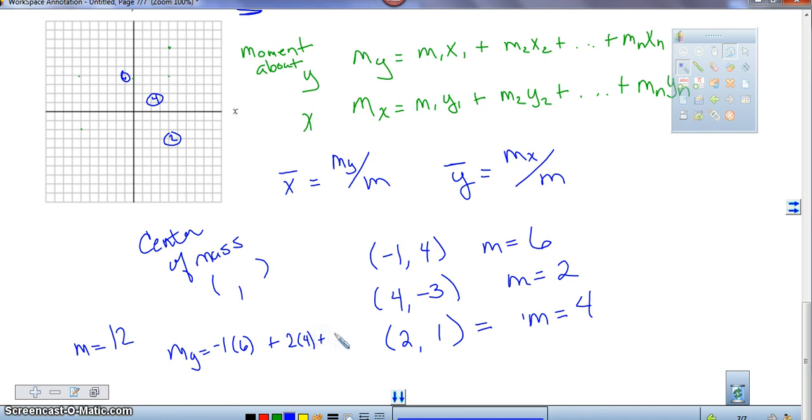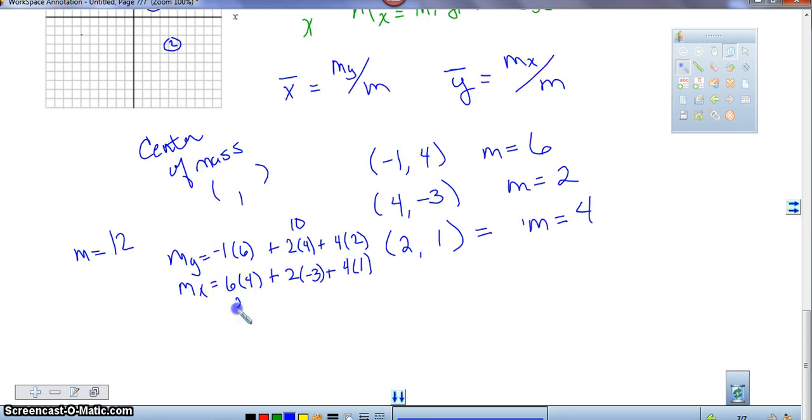So I get negative 6 plus 8, which is 2, plus another 8, which would give me 10. And then the moment about the x-axis, I'm going to take 6 times 4 plus 2 times negative 3 plus 4 times 1. And then you'd get 24 minus 6 plus 4, 24 minus 6 is 18, 22.